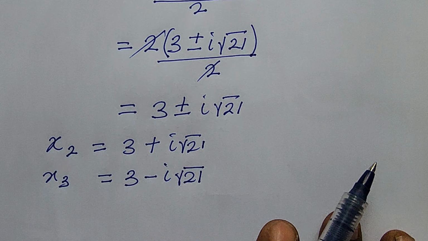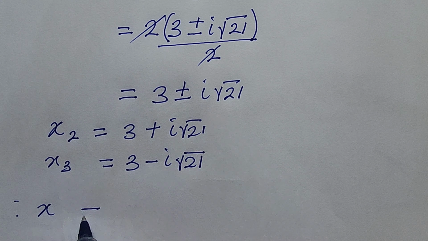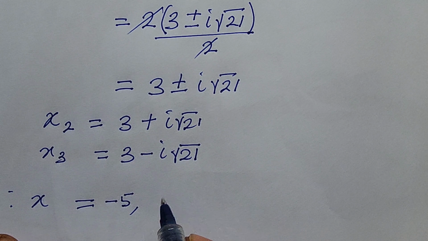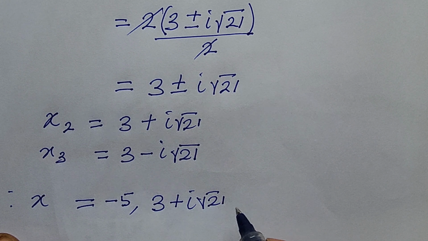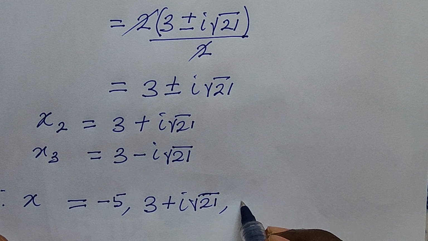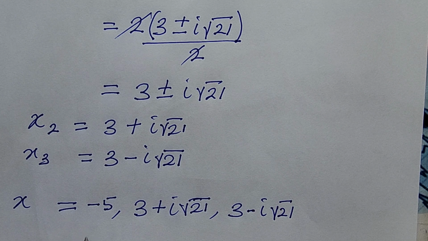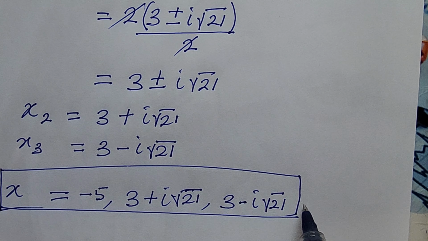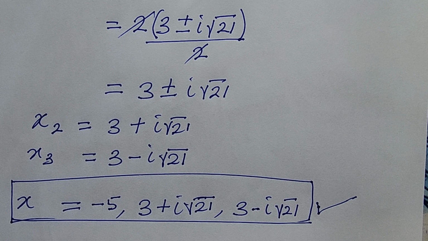So therefore, in all, x is equal to minus 5, comma, 3 plus i root 21, comma, 3 minus i root 21. These are the three values, or roots, of x that satisfy this math Olympiad challenge.